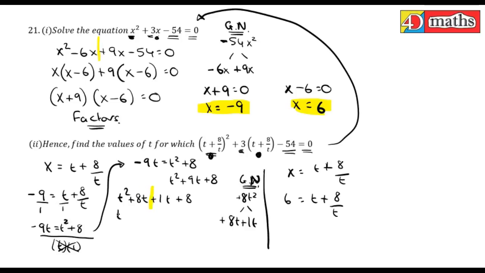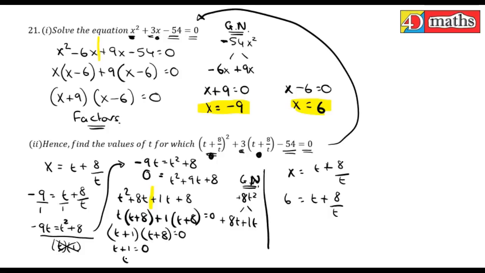So that's t plus 8 plus 1 t plus 8. Now that's equal to 0. I forgot that was equal to 0 because remember the minus 9t come over. This is equal to 0. So it's t plus 1 and t plus 8. So these are called factors. So you let each factor equal to 0. So t is equal to minus 1. T plus 8 is equal to 0. So t is equal to minus 8.